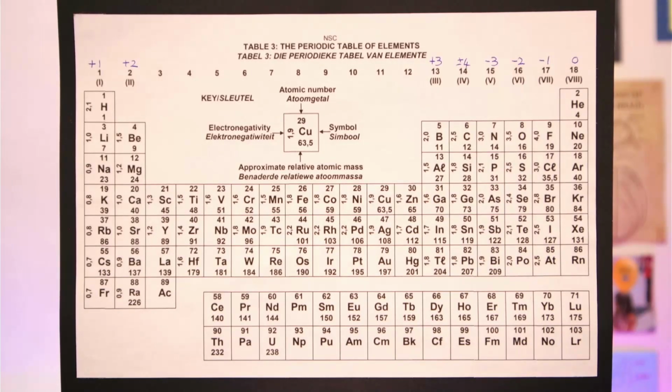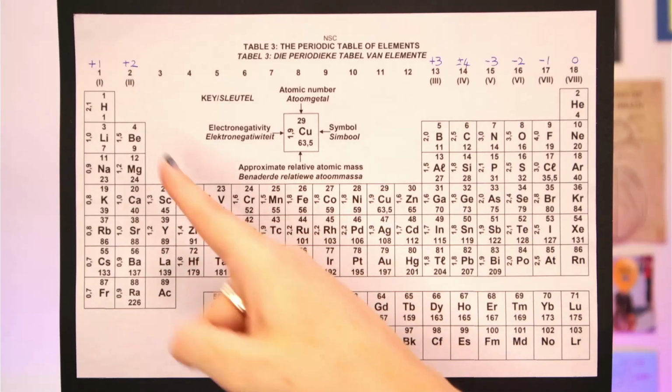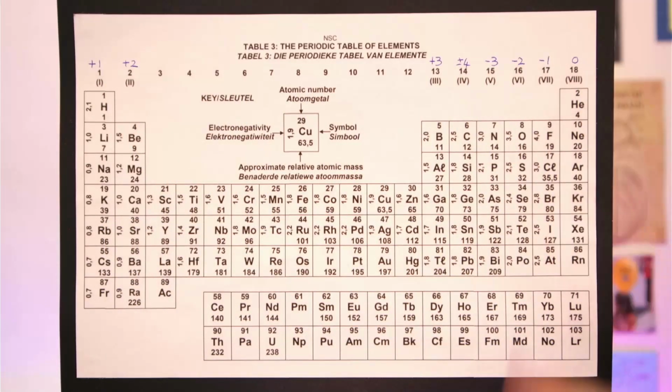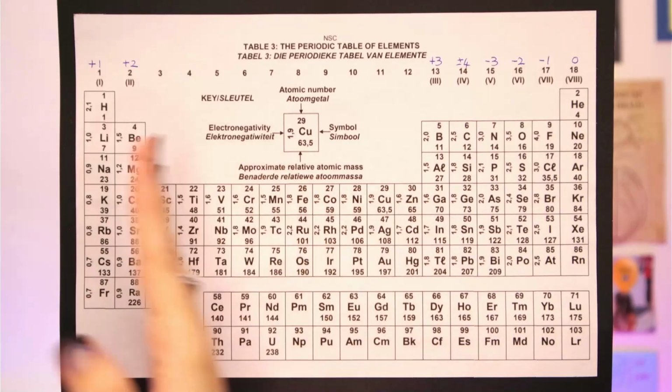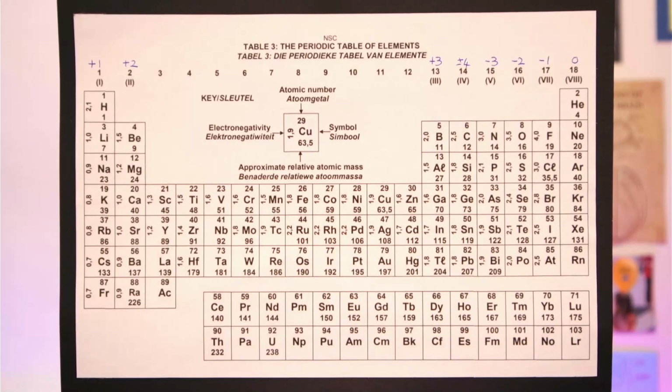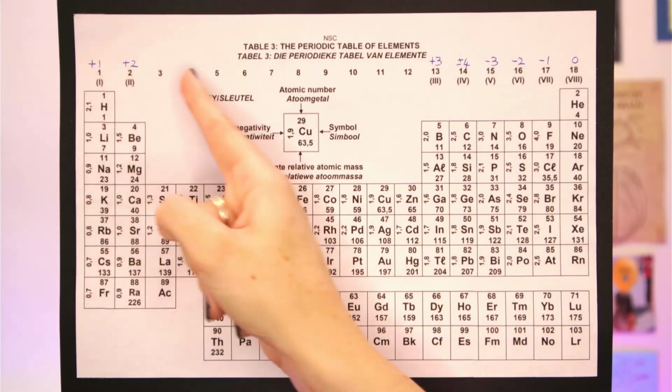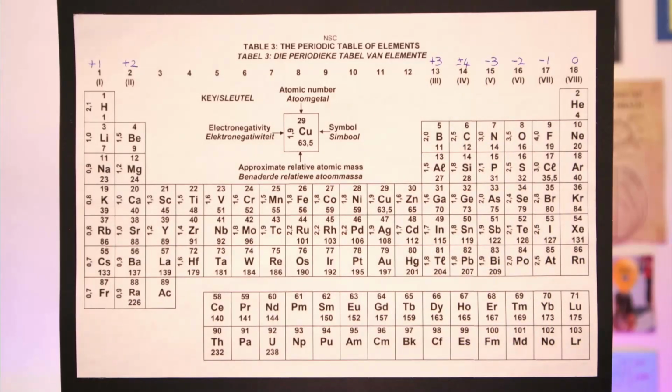Now, why do the elements have these different charges or valencies? Well, one should consider that metals, which are found more to the left of the periodic table, only ever lose electrons to form positive cations. So you'll see that the positive charges or valencies tend to be on the left-hand side of the periodic table.